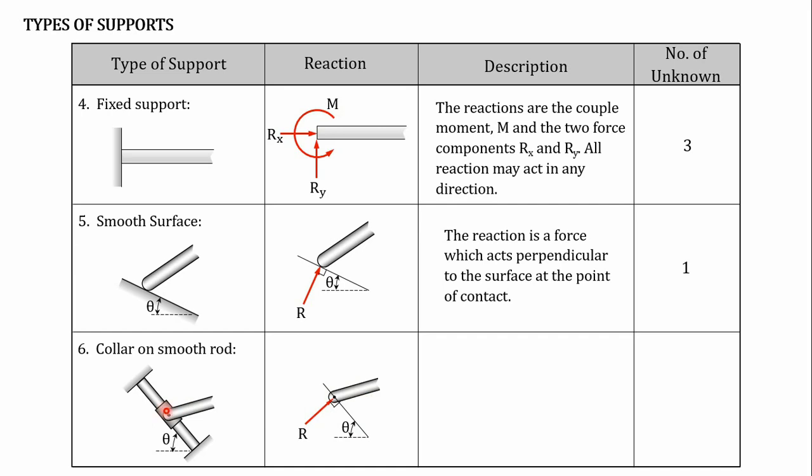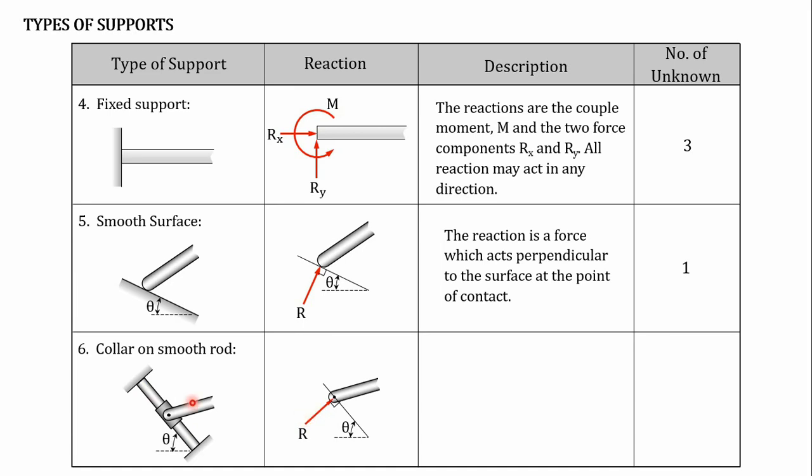Kapag yung movement ng collar class is in this direction, it cannot resist a load with respect to this direction, because the collar can translate with respect to this axis. So only perpendicular to this axis.